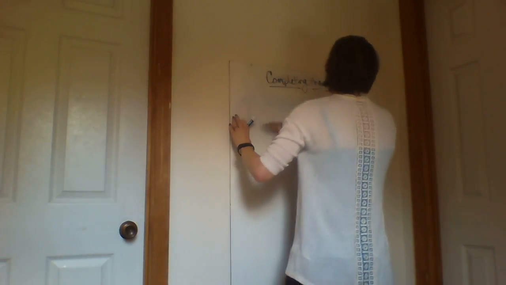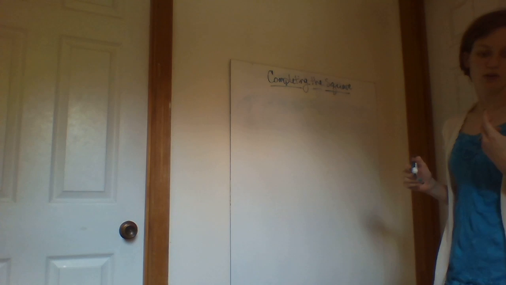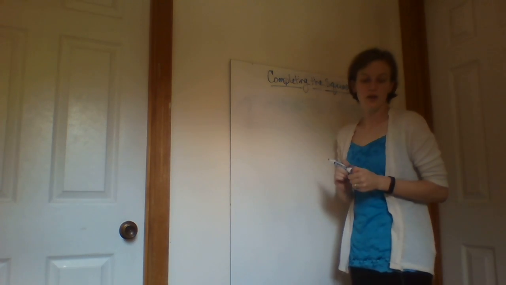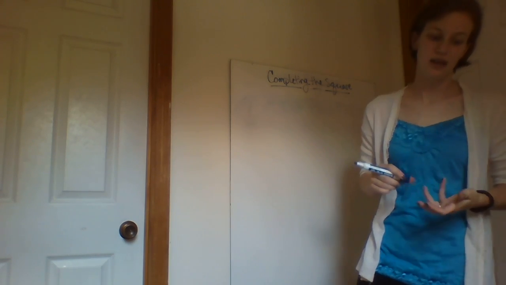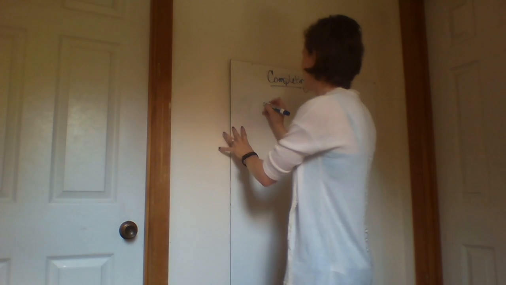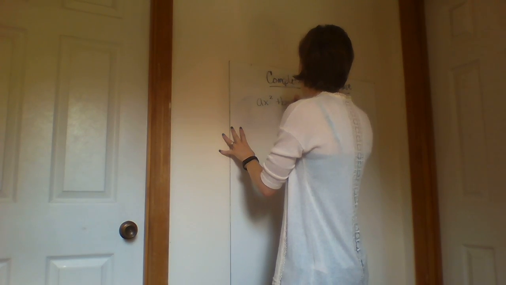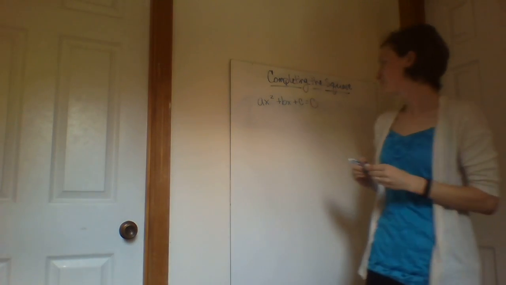So now that we've gone through that review, we are going to get into how to complete the square. So first, I want to know, what is the quadratic form? We've worked with that already in class a little bit. We know what that is. We've done things with the quadratic formula and such. So we know that that formula is ax squared plus bx plus c, all of that equals 0.